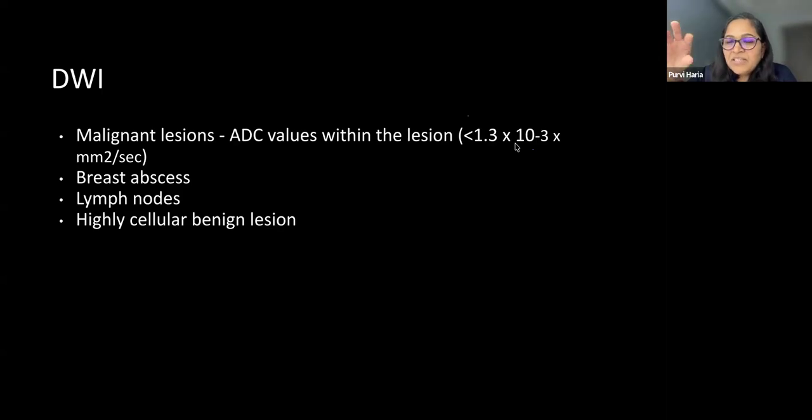Truly invasive tumors have a lower ADC value, less than 0.8 or 0.9 times 10 raised to minus 3 millimeters squared per second. That is for invasive tumors. Some DCIS have a slightly higher ADC value, in the range of 1.1 to 1.3.